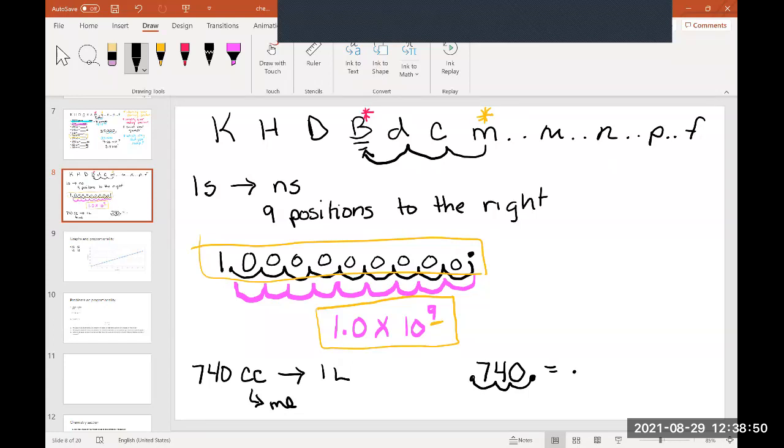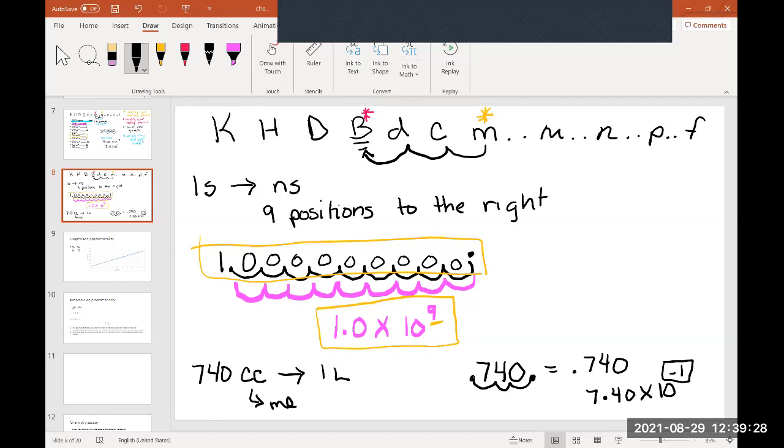So 740 cubic centimeters, cc's, which are milliliters, will equal 0.740 liters. Now again, turn that into scientific notation. This would be 7.40 times 10 to the -1, because that tells our friend to unzip this compressed file 1 decimal place to the left, and they know it's to the left because of the negative superscripted value.